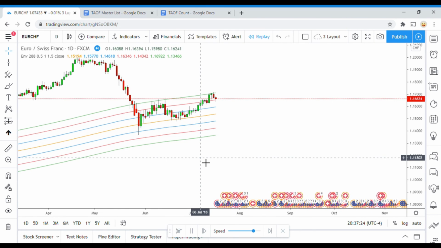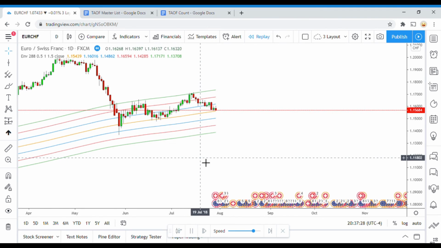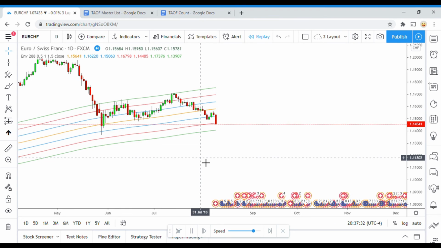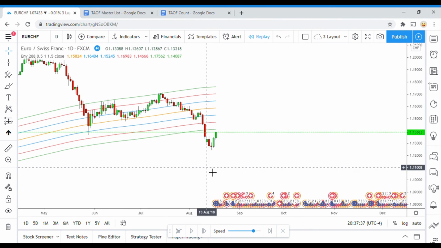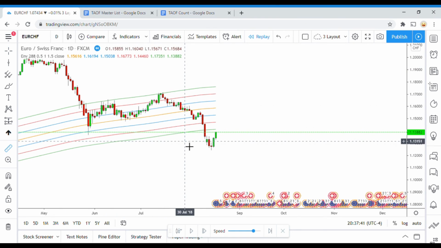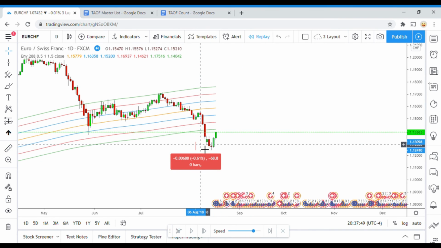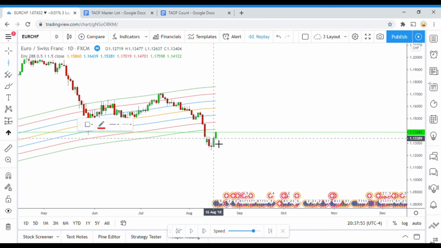And so I don't know how many trades, if any, signals it will give. Ah, there we go. There's the first signal right there. And it broke down below. We had this here. This would have been technically the entry candle there.